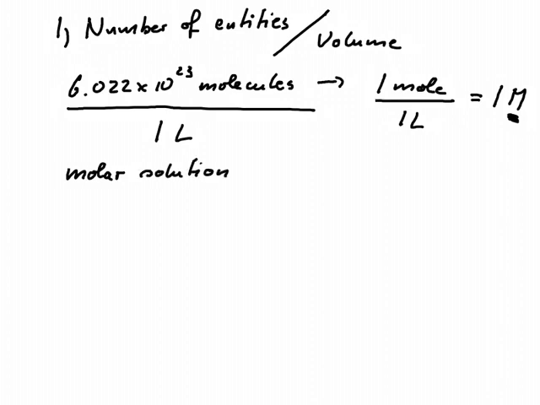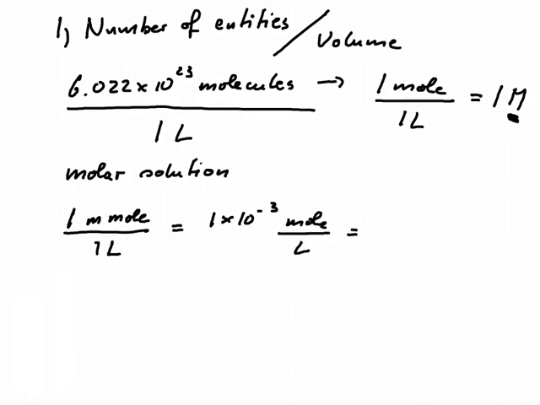And of course, very often we will come across smaller units, so we might come across 1 millimole per liter, which we could write as 1 times 10 to the minus 3 mole per liter, or 1 times 10 to the minus 3 molar, or we can also write this as 1 millimolar.